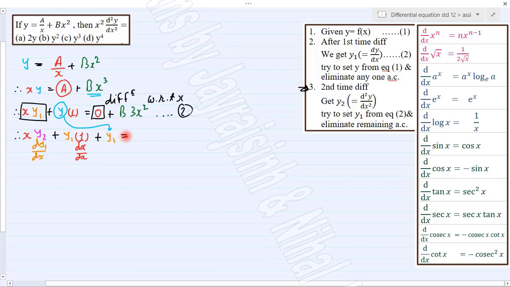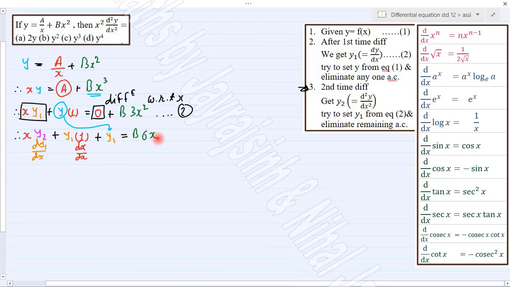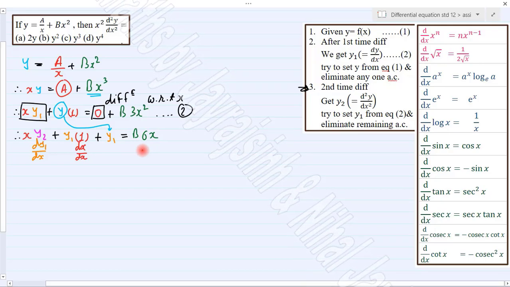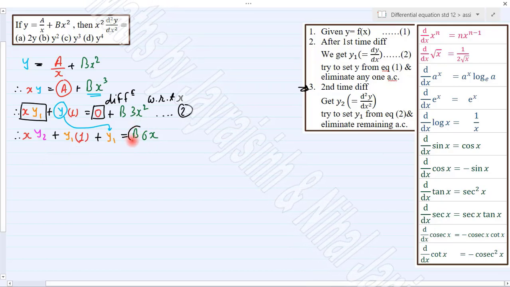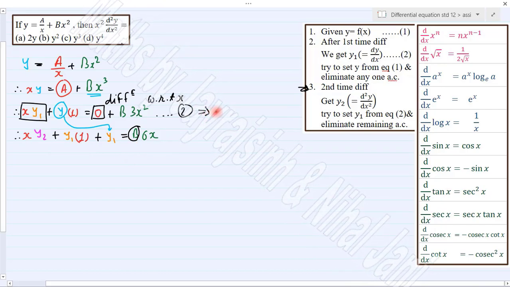Now on the right hand side, b will be as it is, and differentiation of 3x square will be simply 6x.